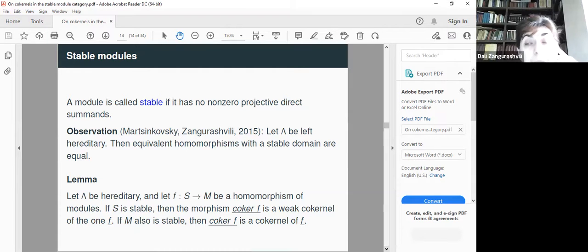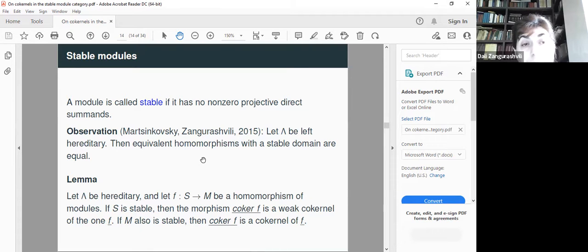And so the first idea, to consider usual cokernels in the usual category of modules, does not work in this case. However, we made a very simple but very helpful observation in the previous work: if lambda is left hereditary, then equivalent homomorphisms with a stable domain are equal.